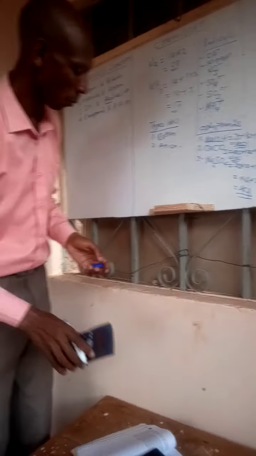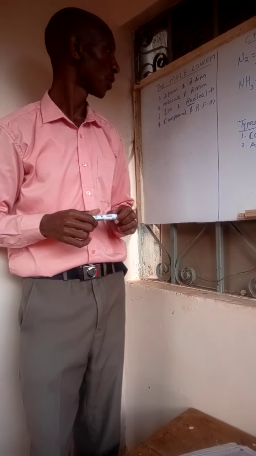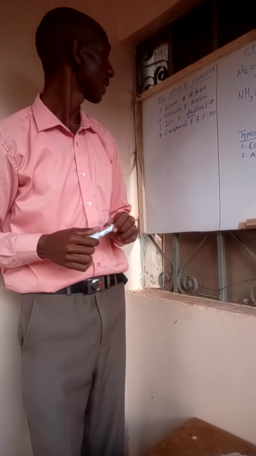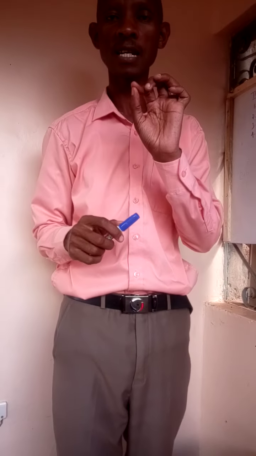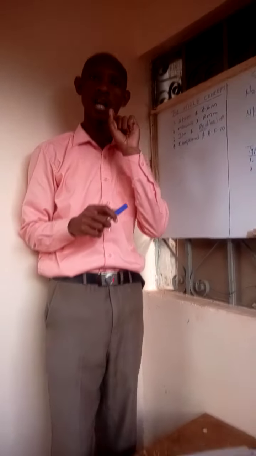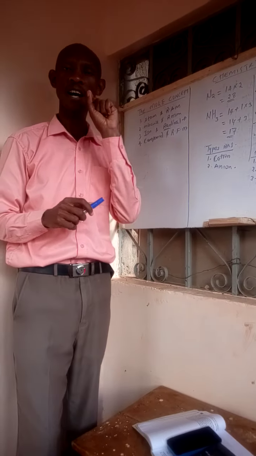We have come to the end of today's lesson, and I'm going to highlight some of the very important things which we have looked at. The first one is RAM. Whenever we are looking at relative atomic mass, you have to consider only the mass of an atom.